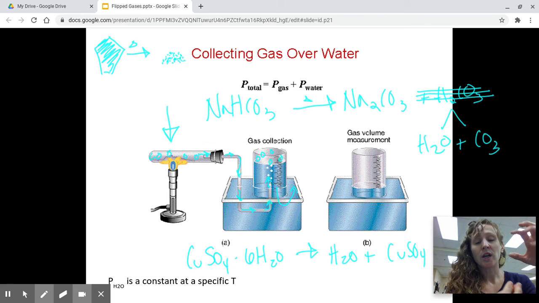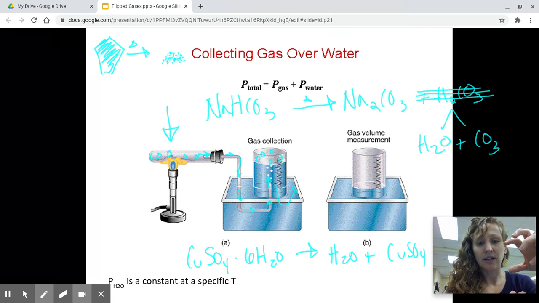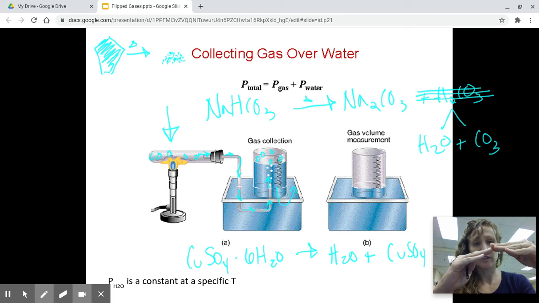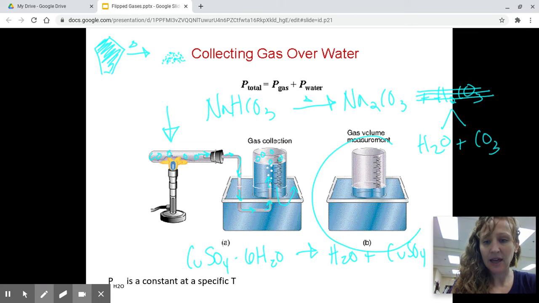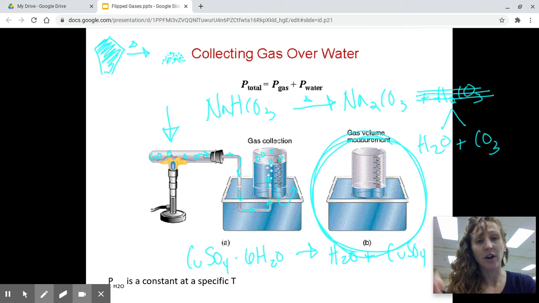And so your water level, as it gets pushed out by the gas, goes down, down, down. And you can see here in the end of our reaction, our gas has displaced the water. It's kicked the water out and displaced it.